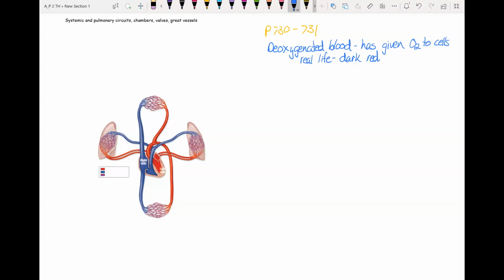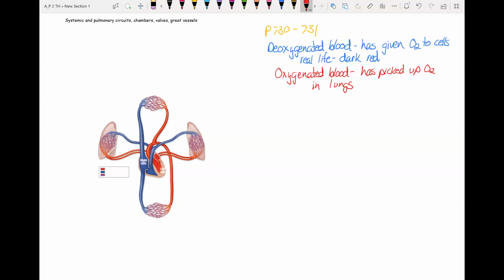Then we also have parts of this in red. Red is used to represent oxygenated blood. This is blood that has picked up oxygen in the lungs. So it is at a higher level of oxygen.